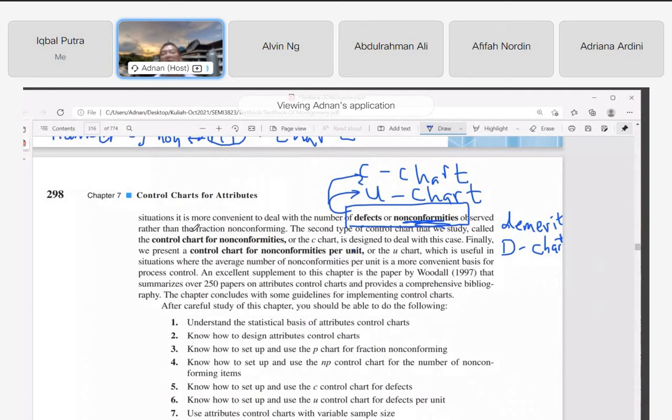If it is given in terms of the C chart or U chart, it's referring to per unit. The example is non-conformities per unit, or count of non-conformities. C is referring to count. U is considered as a ratio of non-conformities.